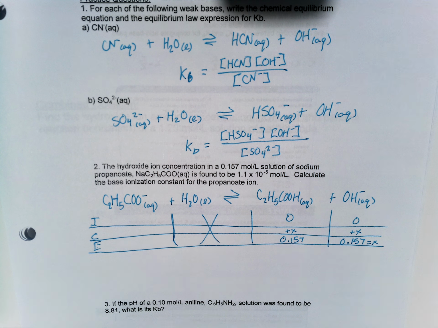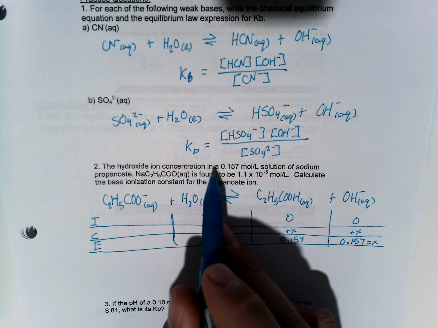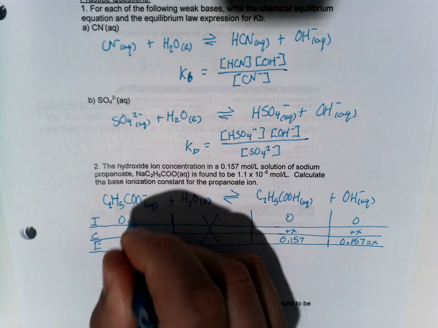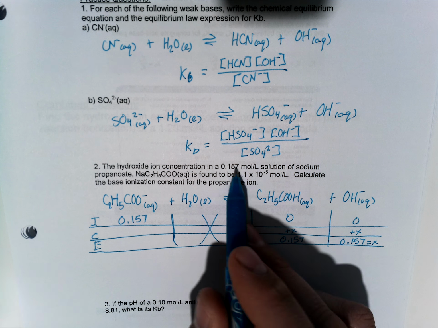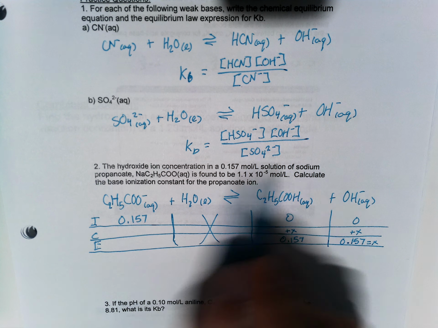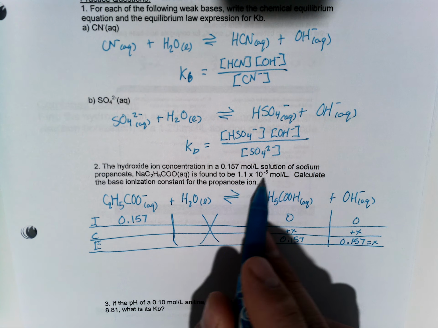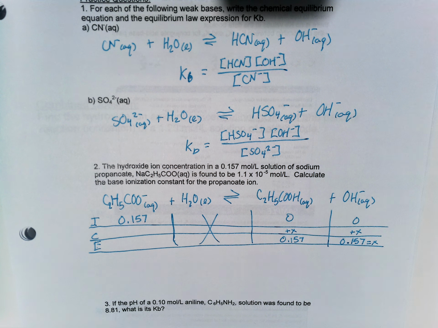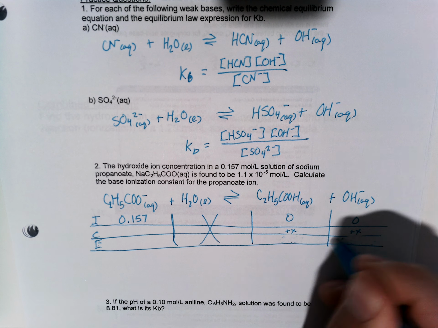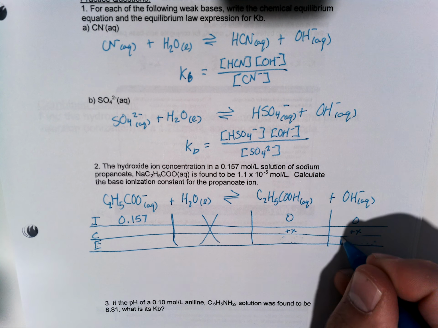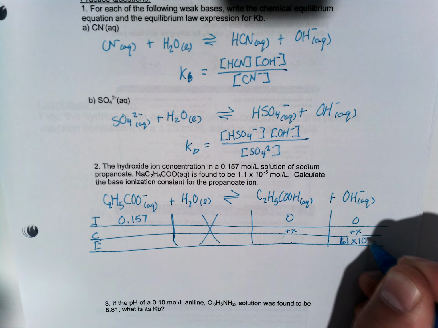Or sorry, I did this wrong. I read this question a bit wrong. So this is 0.157. Okay, and that's why this one's worded really weird, but this is the concentration of sodium propanoate. Okay, and then this is the concentration found down here for our 1.1 times 10 to the minus 5.